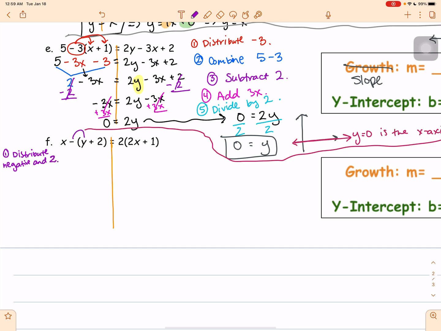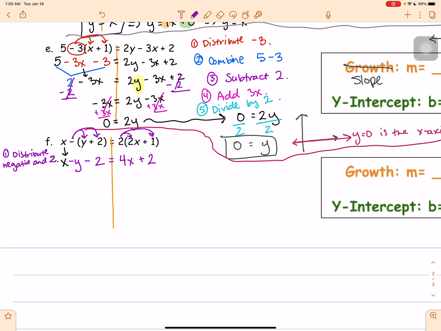All right, so this negative here can be distributed, and this 2 here can be distributed. So over here, I'm still left with x, and then negative times y is negative y, negative times positive 2 is negative 2, 2 times 2x is 4x, 2 times 1 is 2.